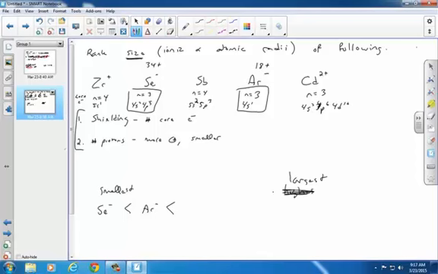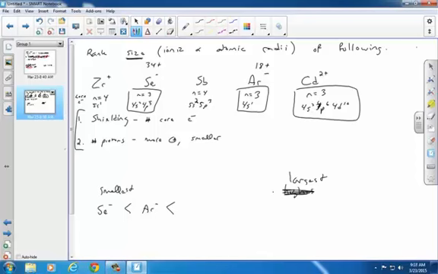So then the other 3 have their valence electrons. Oh, I left this one out, didn't I? The cadmium 2+. This one's a little bit tricky because it has 3 layers of core electrons, but it does still have a lot more n equals 4 electrons than, say, the argon or the selenium.